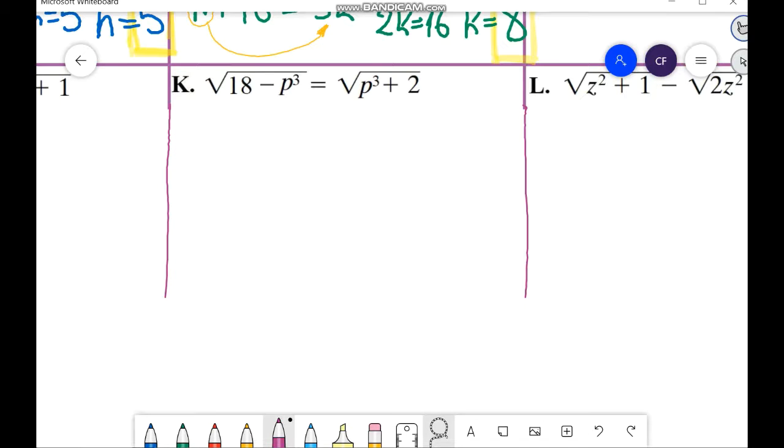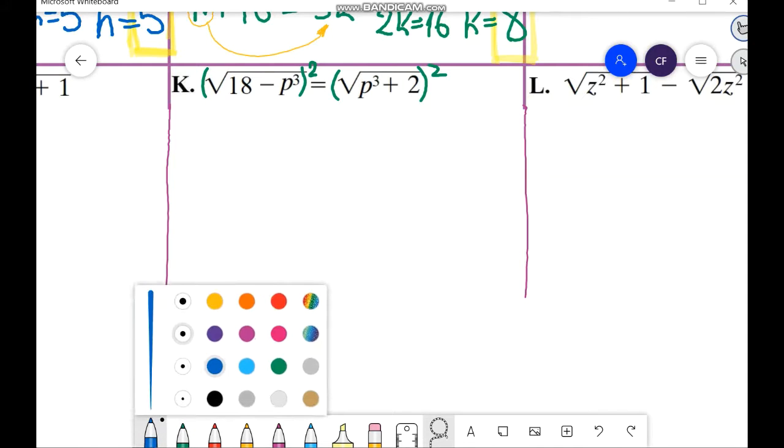Letter K, we might have two answers. Let's check it out. Well, they are already isolated, right? The radicals are already one on each side of the equation. So we're going to apply the square on both sides, like this.